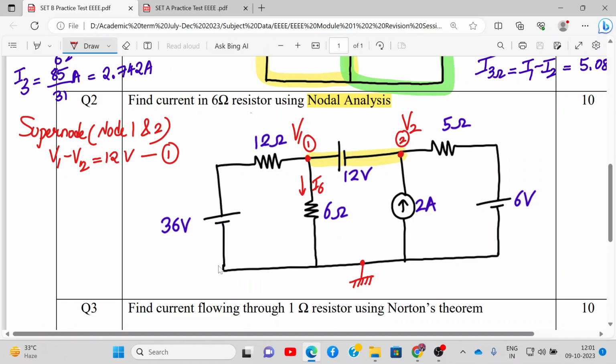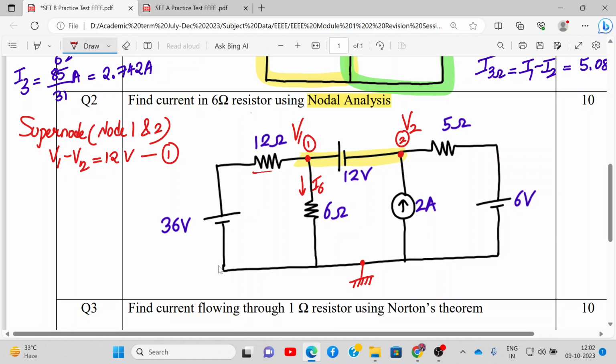We have to consider the entire node over here, like this. So this becomes my supernode. All the currents entering or leaving node number 1 and all the currents entering or leaving node number 2, that will be my supernode.